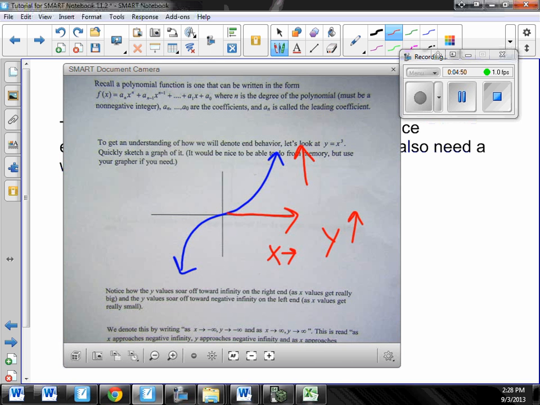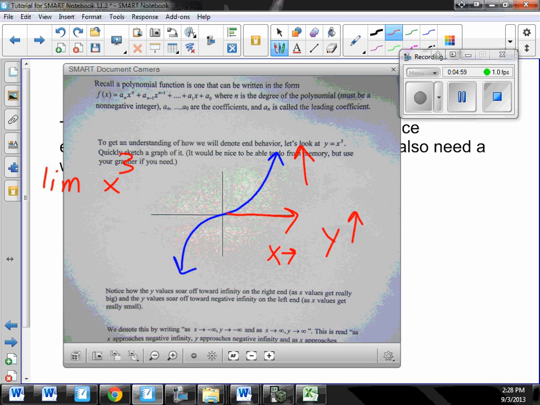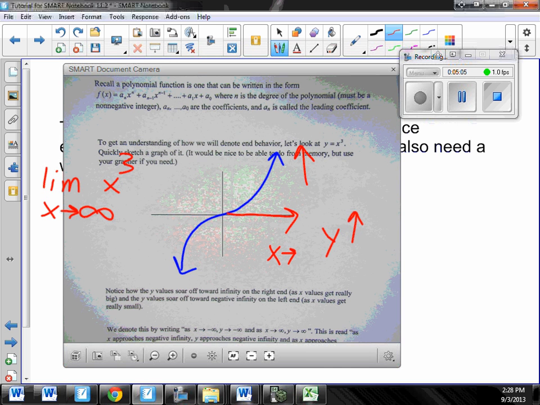We say the limit of x to the third, so the limit of our equation, and then we say as x approaches infinity. Now this is kind of a calculus notation, but it's something that we start using now, and then as you progress on, we do more complicated limits.